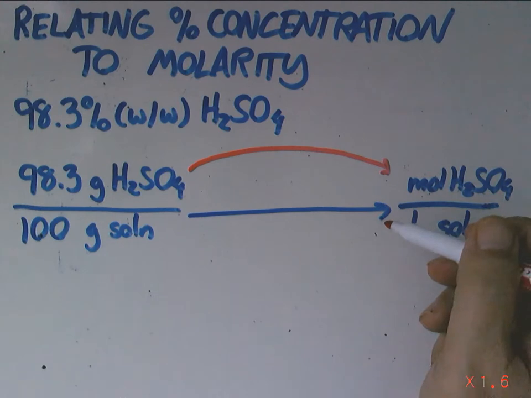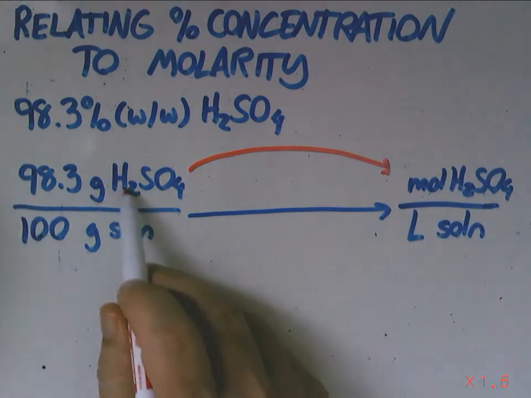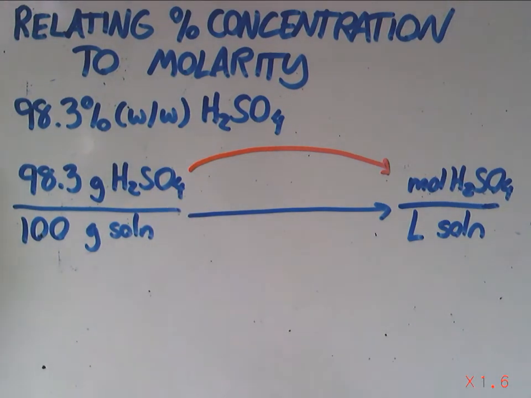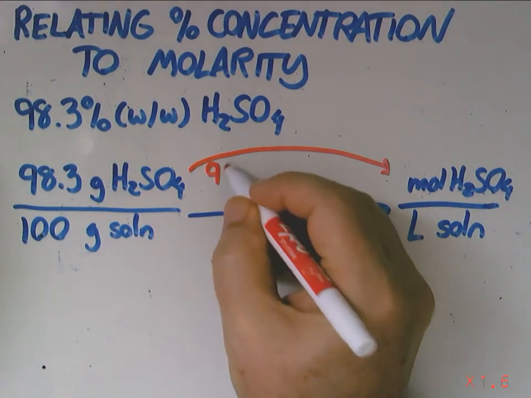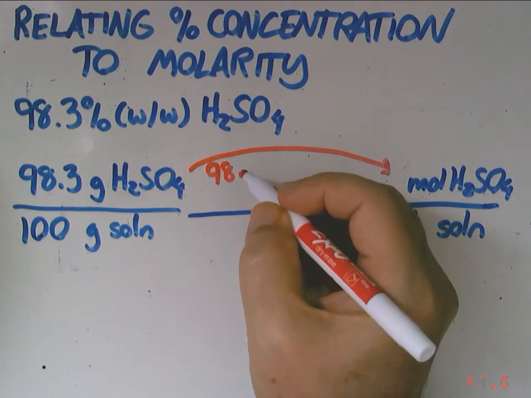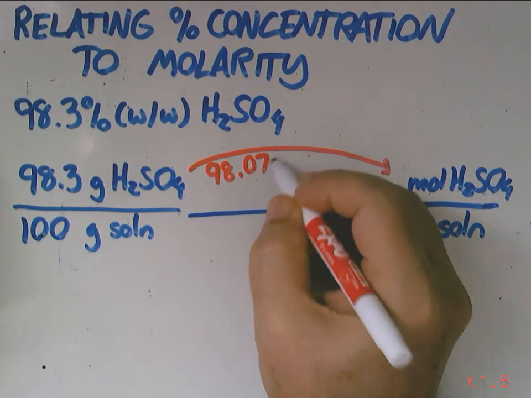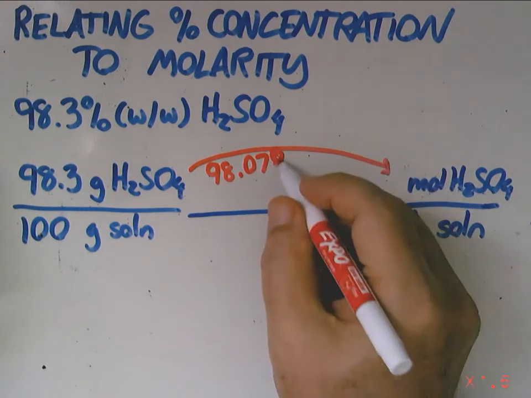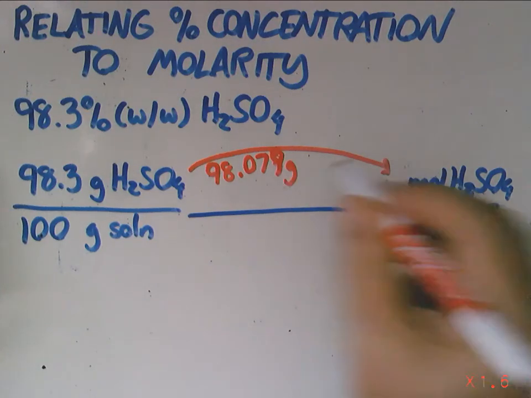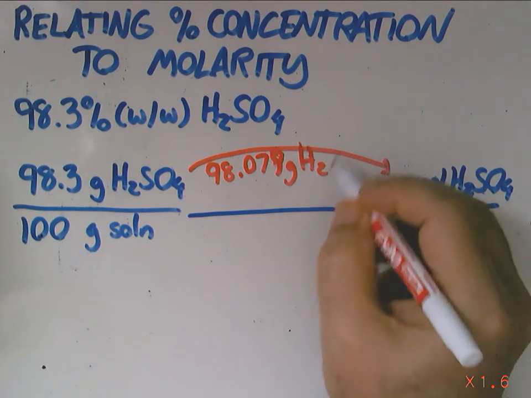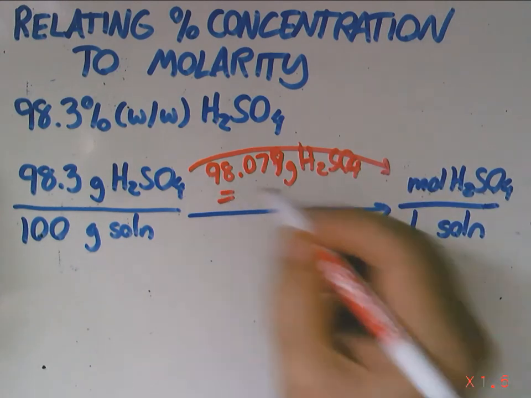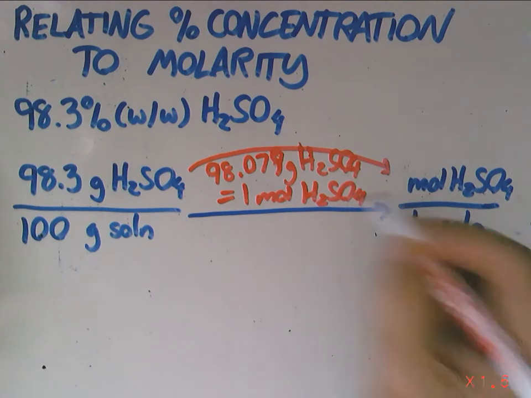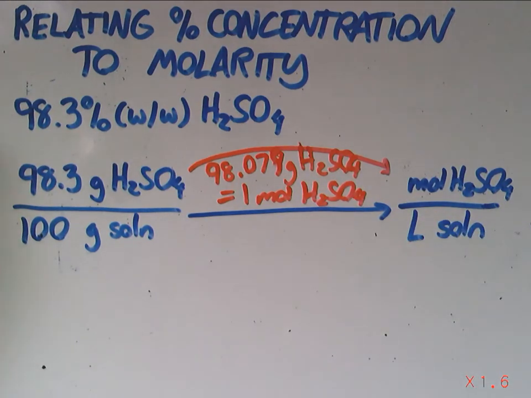I could add 2 times the hydrogen mass to the sulfur mass to 4 times the oxygen mass. And when I do that, I'm going to get 98.079 grams of H2SO4 in 1 mole of H2SO4. That'll get that top calculation done for me.